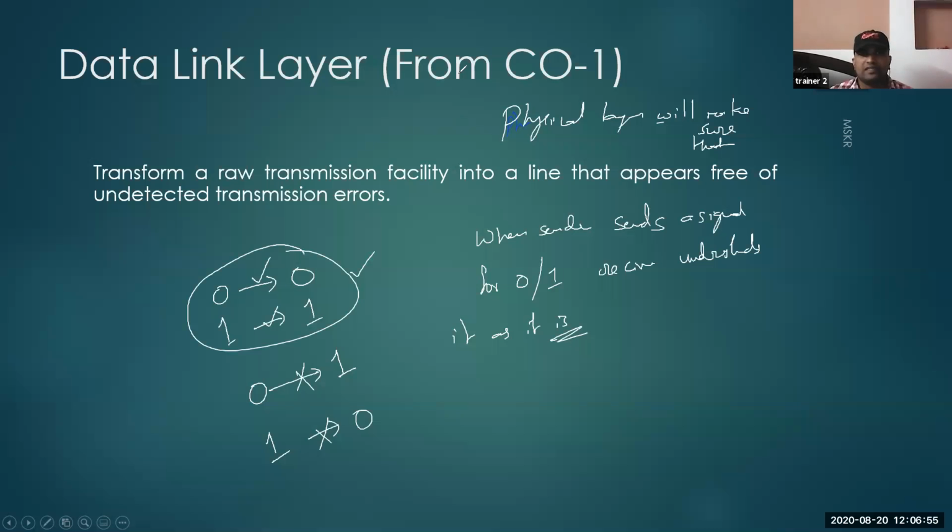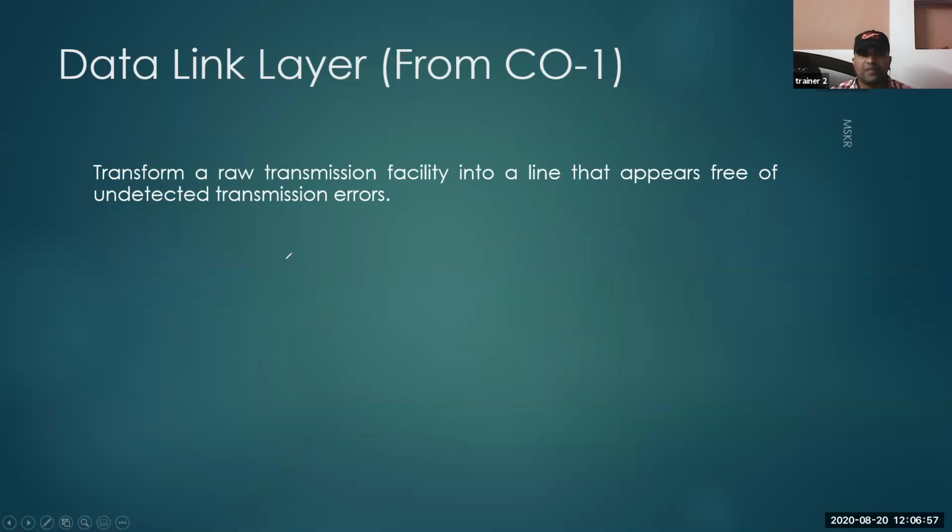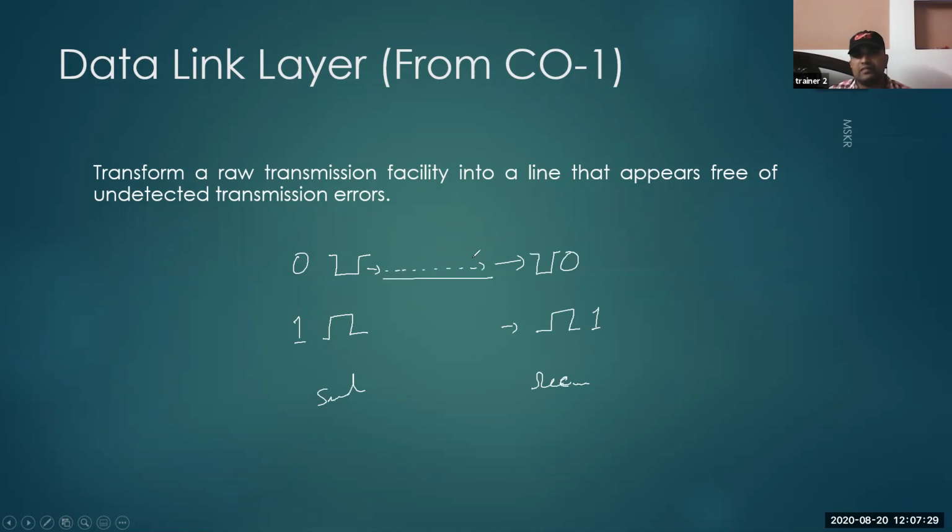Now, the problem is, when the sender sends 0 with a low signal and the sender sends 1 with a high signal, the receiver knows the same. So this is on the sender side, this is on the receiver side, and both made the agreement. Now the problem is that when the signal is going through the transmission medium, the signal was corrupted.